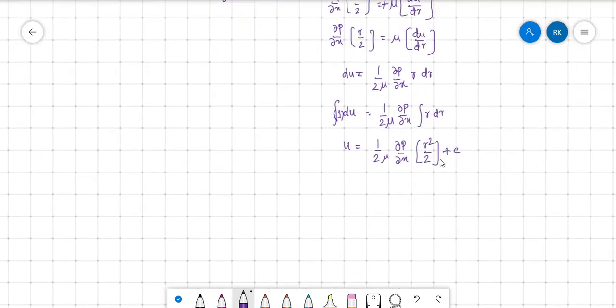So in order to find the arbitrary constant, we need to apply the boundary conditions. How was the velocity profile? The velocity profile was in this way, and the maximum velocity is at center. Center means r is equal to 0.